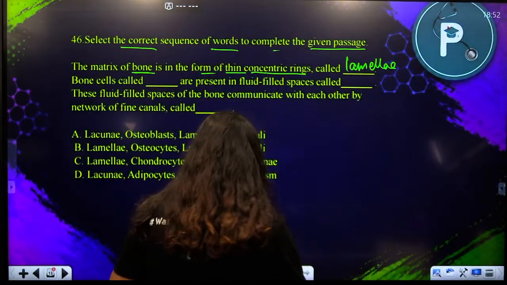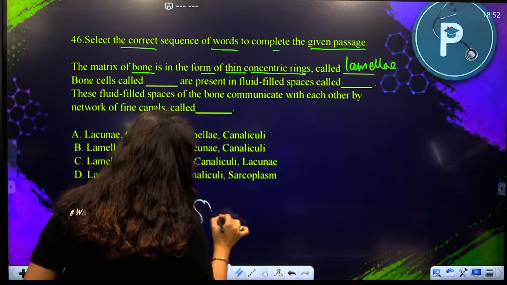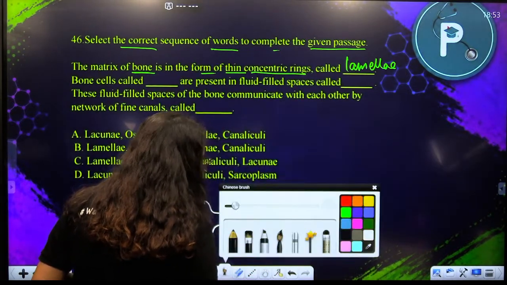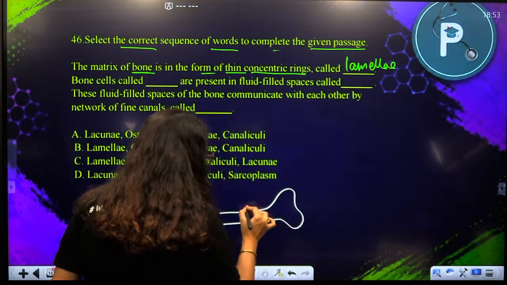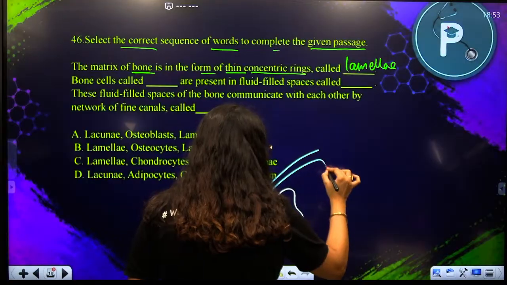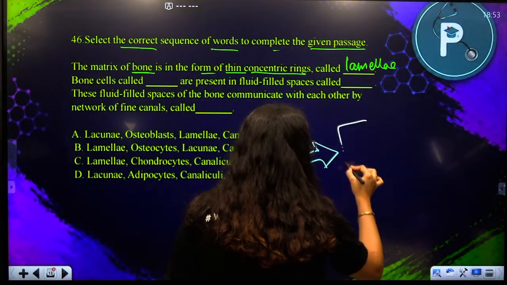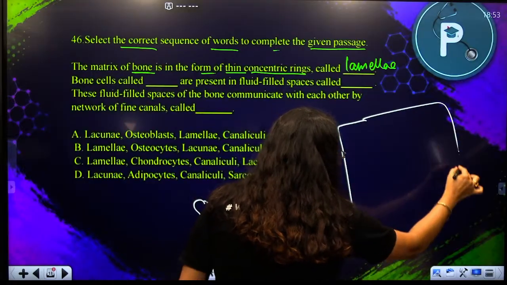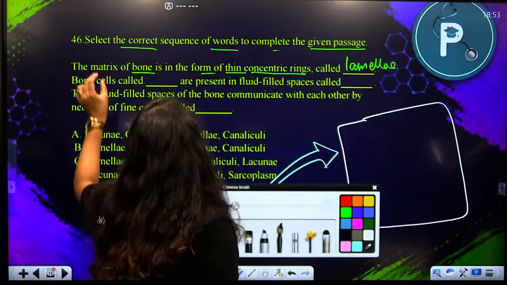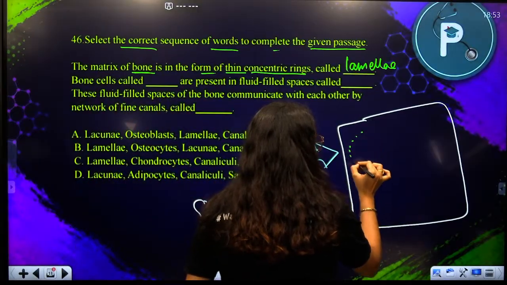So what do you see? Suppose this is the bone here, and I have taken a small portion, a small cut of the bone, and I'm going to show you here. Let's imagine this is the small part of the bone that I have taken out. What you are going to see is that the bone's matrix has these small lamellae, layers.